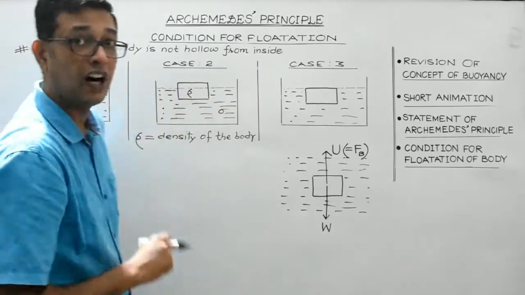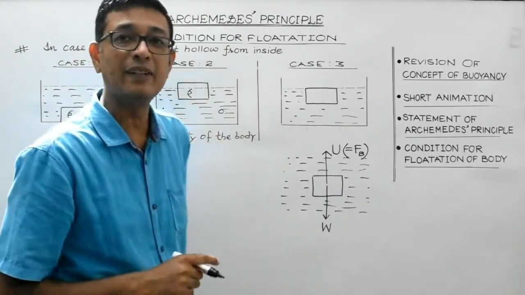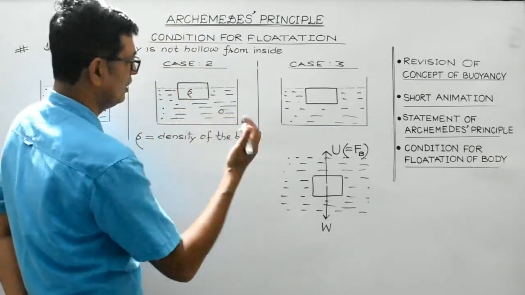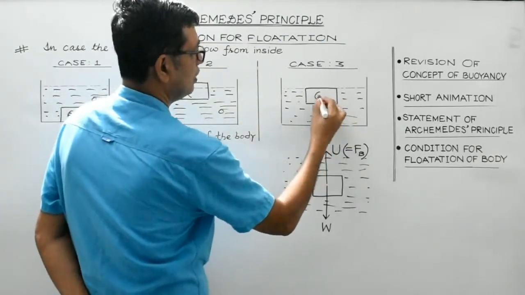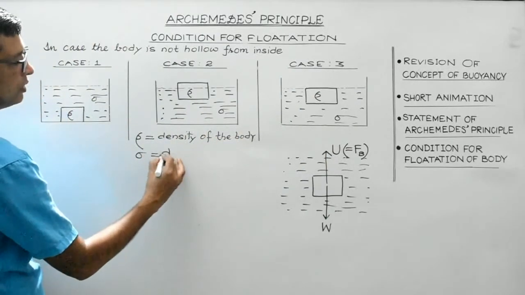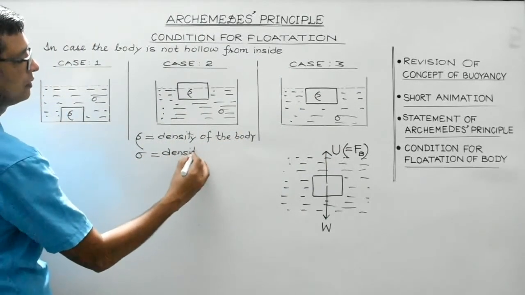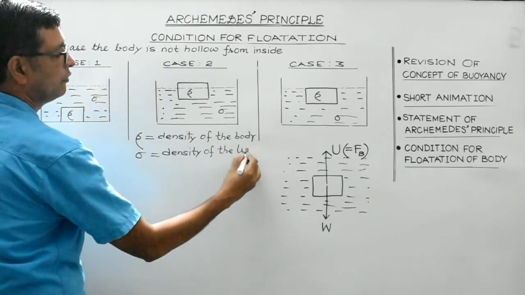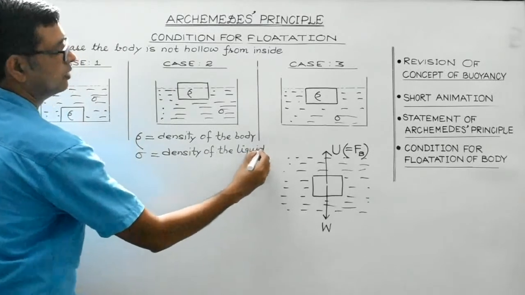This is the symbol for sigma, S-I-G-M-A. It's a notation used for density. So rho is the density of the body and sigma is, suppose, the density of the liquid in which the body is immersed.